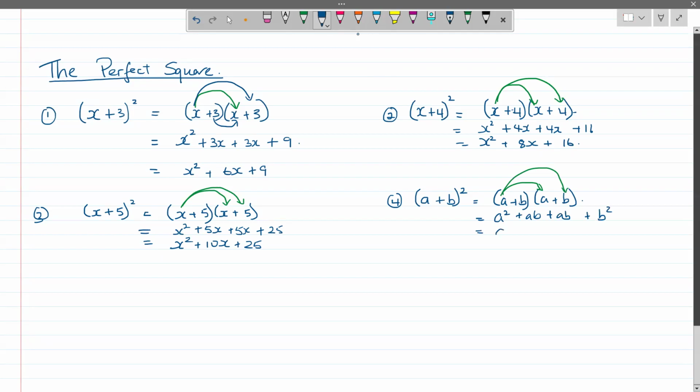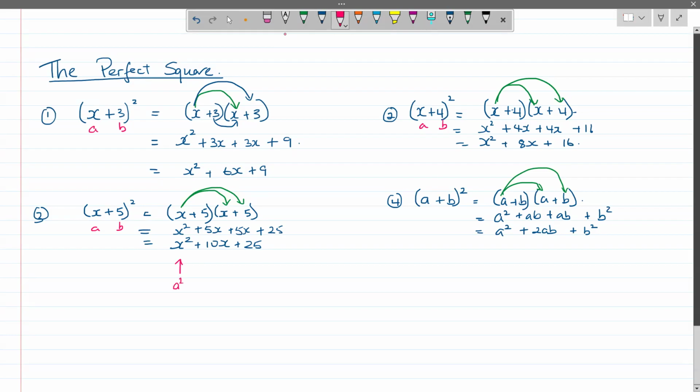So what is happening when we have a perfect square is that we're going to have our first term. In all of these, the first term in the bracket is x. We'd always get x squared. The last term, so this is my A, this is my B. This is my A, this is my B. This is my A, this is my B. Look at what's happening.